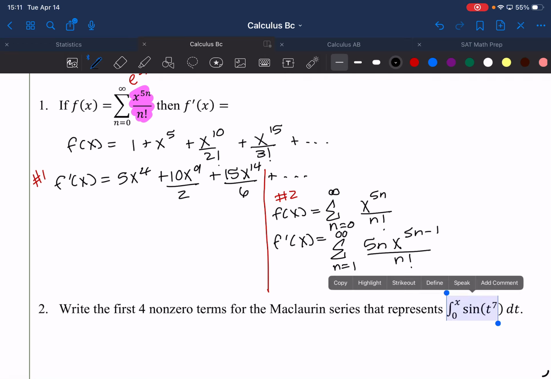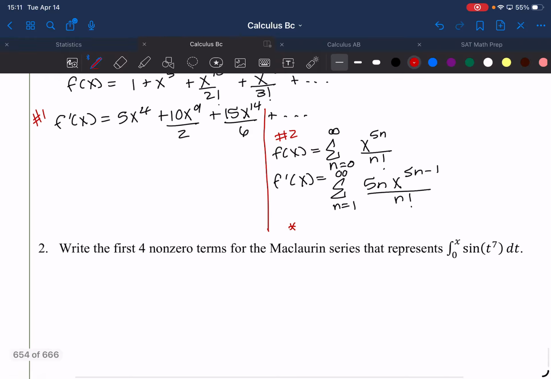Okay. And then one additional thing that I would do is I would simplify this, and how you would simplify this is remembering your properties of factorials. So if we have n over n factorial, okay, which we do here, that is the same as saying n over n times n minus 1 factorial.